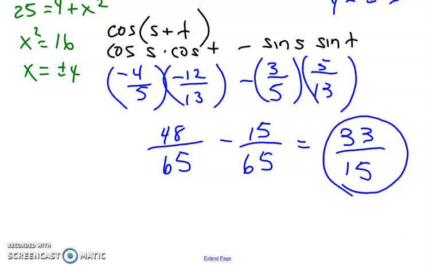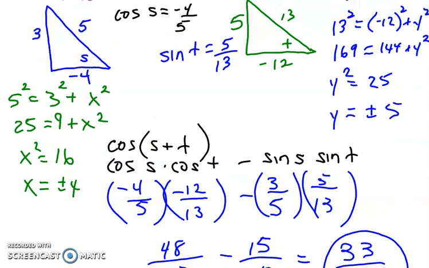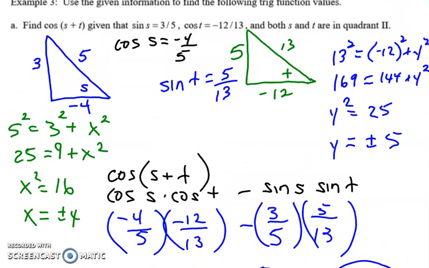Okay? So we're taking what we know based on the triangles, finding the sine and cosine respectively, and then using sum and difference identities. Okay? So I'm going to give you a moment to try B on your own.